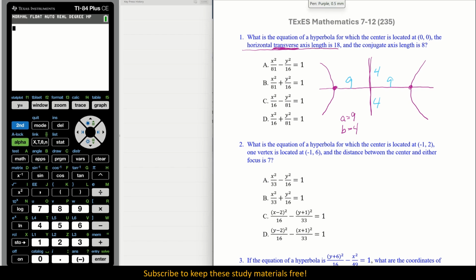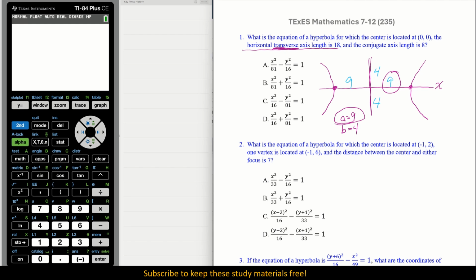And this is literally on your x-axis. So that tells me that I need to associate x squared over my 9 times 9.